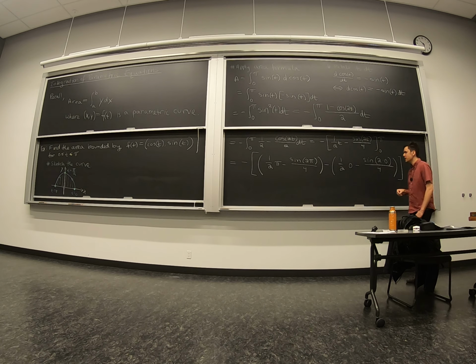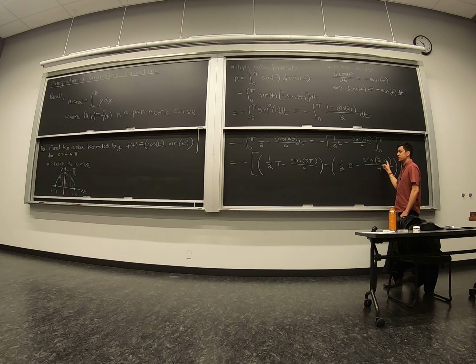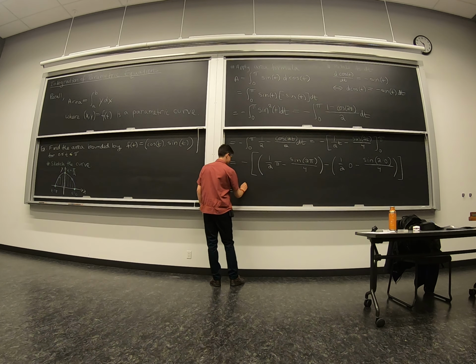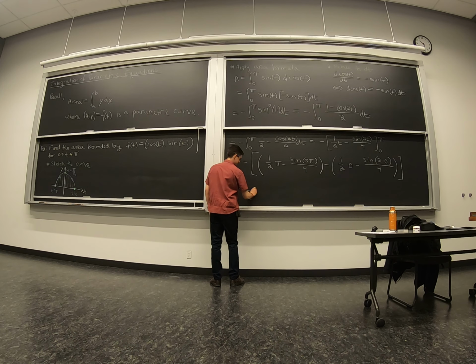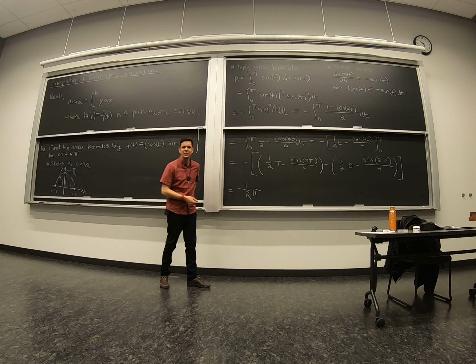Doing the arithmetic, sine of 2 pi will be 0, sine of 0 will be 0. So we get negative a half pi. Very strange.